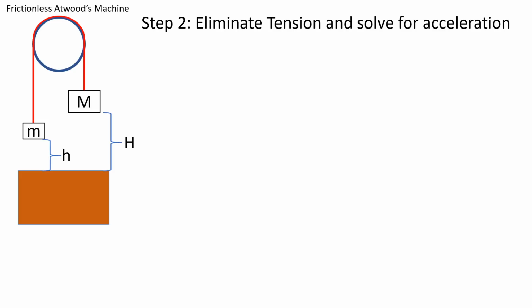So, now that we have our Newton's laws written down for each mass, small ma equals T minus little mg, and big Ma equals big Mg minus T, we need to solve this system of two equations and two unknowns. The first thing I will solve for here is the acceleration, so the goal is to eliminate tension from these equations.